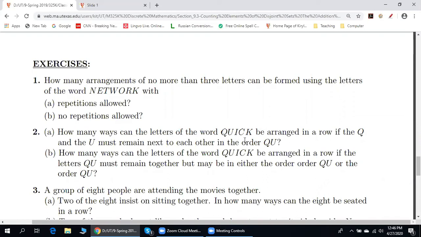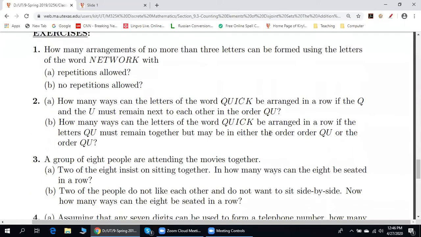In 4 factorial ways. Now, how many ways can the letters of the word quick be arranged in a row if the letters QU must remain together, but in either the order QU or the order UQ?